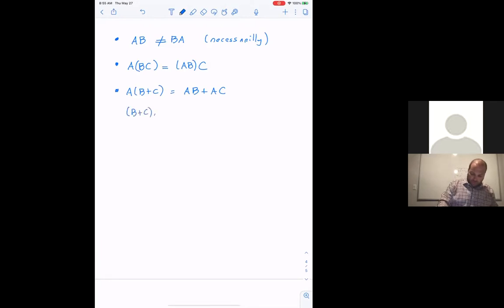Or you can have A on the right, and it also distributes, but again, in this case, A remains on the right in both cases. So those are three very important properties. Don't switch the order. That's the most important. But quite often, we're going to use the associative law or the distributive law in solving matrix equations. So, you're allowed to use those.